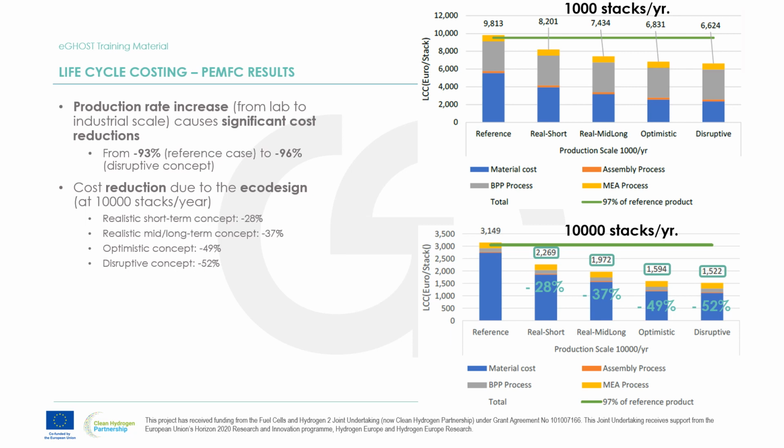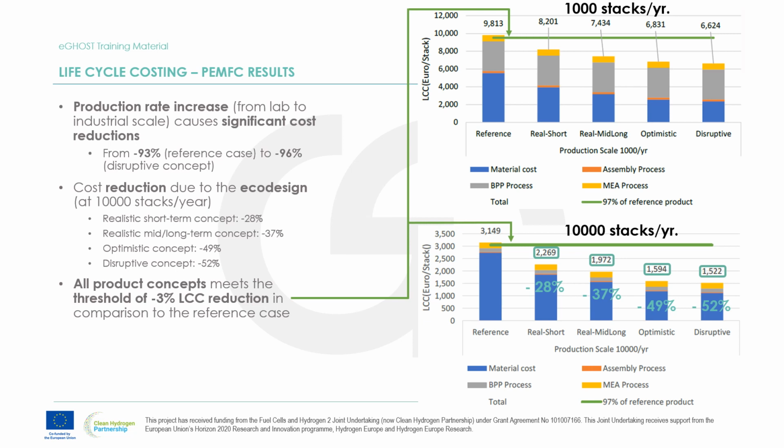We also get quite big reductions just with the implementation of eco-design actions. So for the production rate of 10,000 stacks per year, we get up to 52% reduction of cost for the disruptive case.